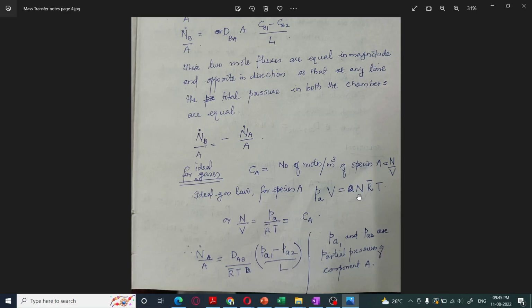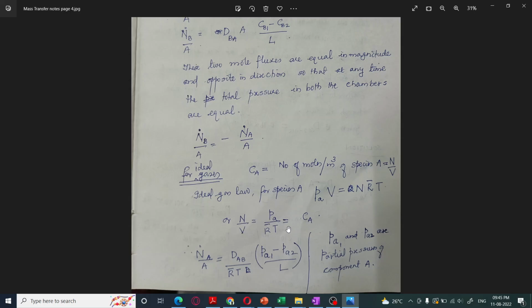Now from this relation we can get the number of moles per unit volume. What is n divided by V? The number of moles of the component divided by volume is nothing but the molar concentration. N dot and n are different.